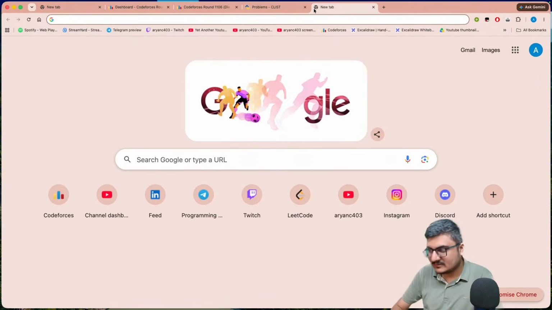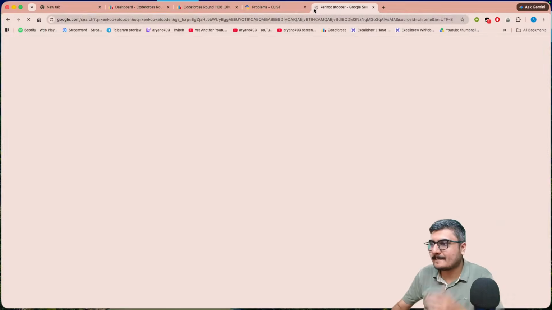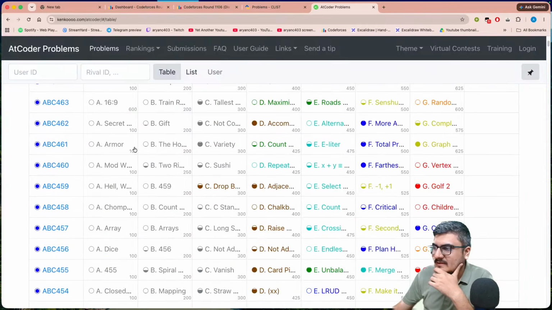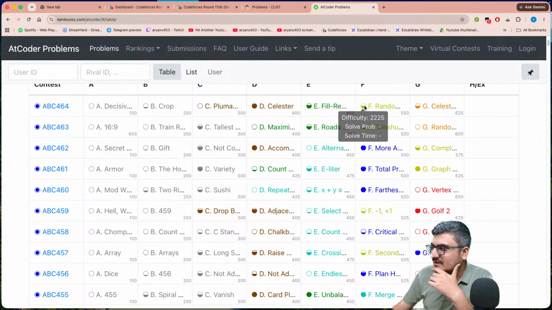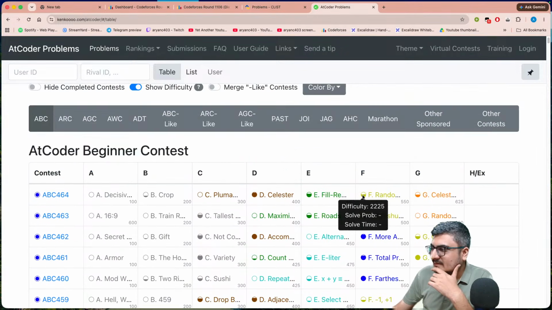Similarly, we have Kenkoo for AtCoder. This also figures out rating in a similar fashion. Problem rating is there based on the similar idea, like who all won, who all failed.